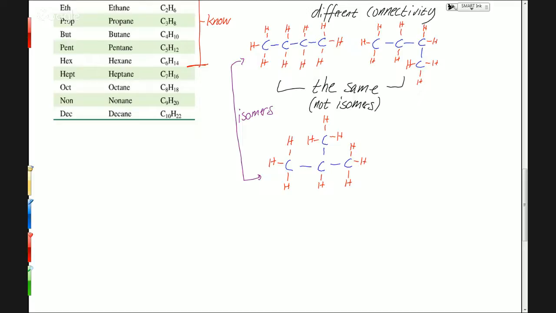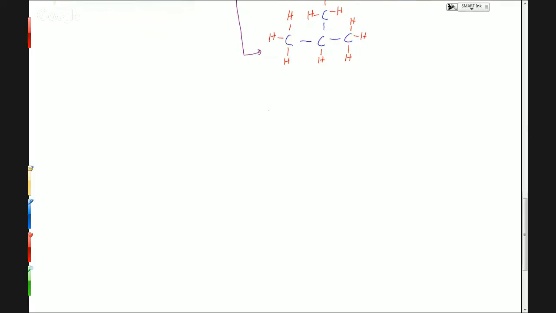So let's try this now, with a little bit bigger structure. Pentane, 5 carbons. So we're going to get an extra piece there out of the kit.